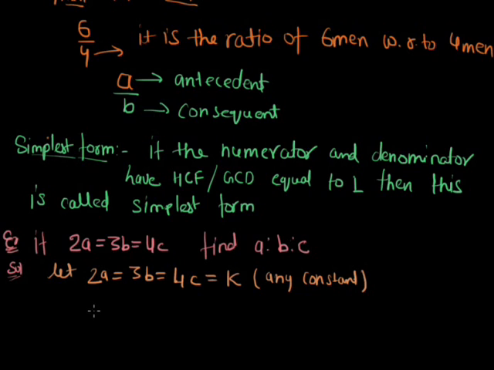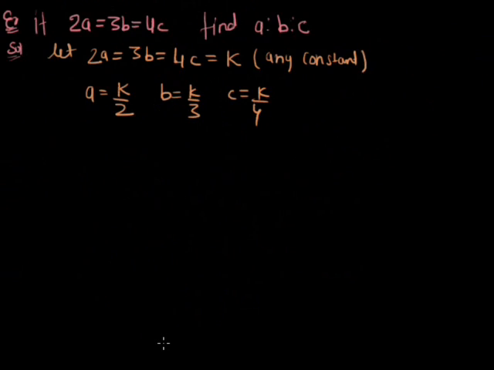Okay, so if we find the value of a, what will it be? It is k by 2. b is equal to k by 3, and similarly c is equal to k by 4. Now we have to find the ratio a is to b is to c. So a is to b is to c is equal to k by 2 is to k by 3 is to k by 4.